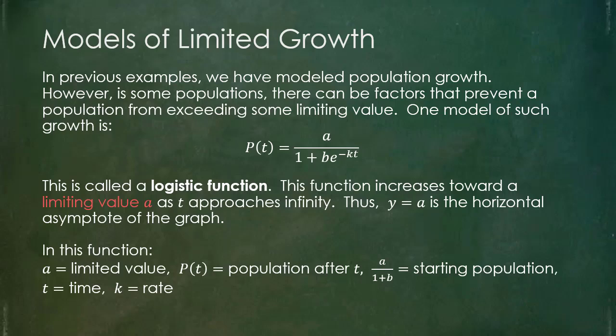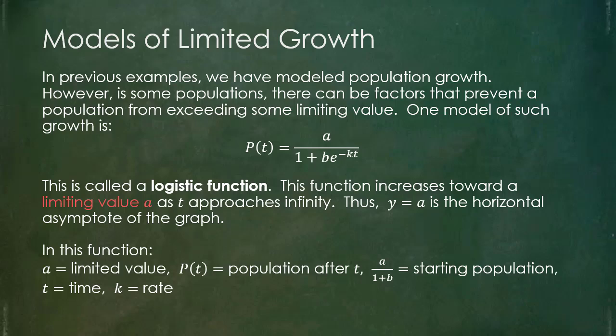This is called a logistic function, and the a value in the numerator is whatever that maximum capacity or limiting value actually is. As t approaches infinity, as I plug in the most giant number possible for our time unit, our end result gets closer and closer to that a value, which is what we would call graphically a horizontal asymptote.